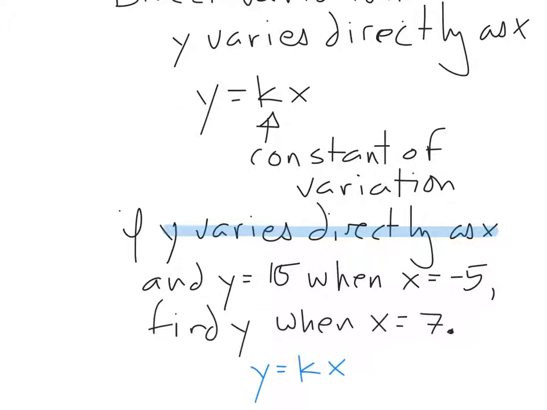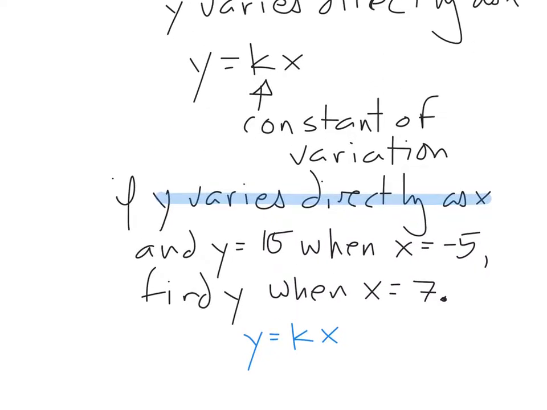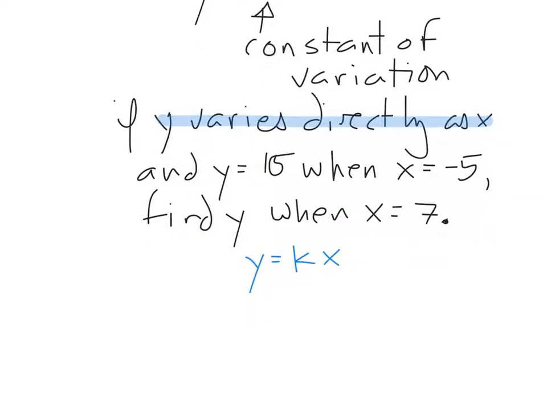Then the next thing that happens is they give you more information. They tell you that y equals 15 when x equals negative 5.